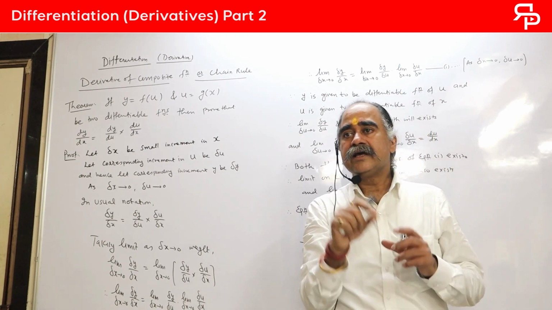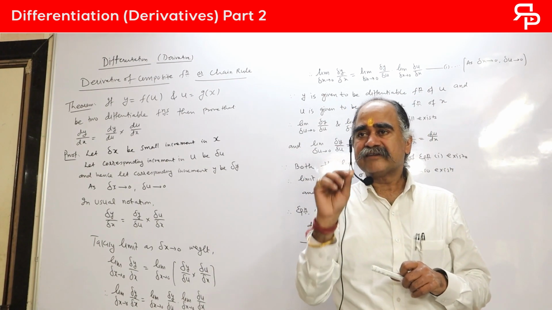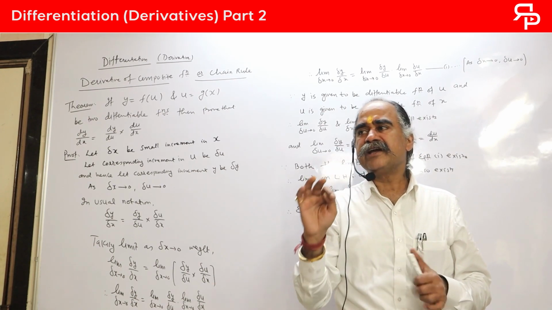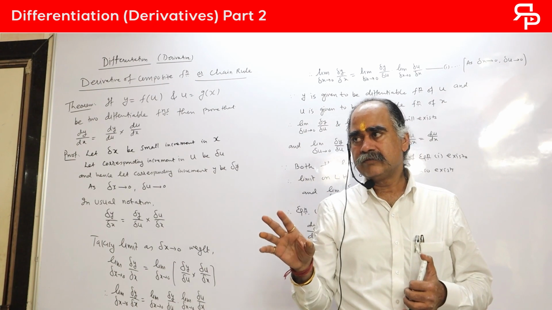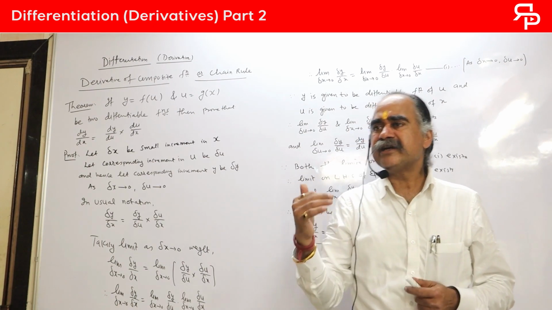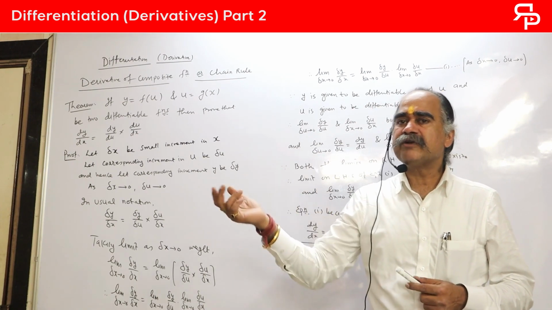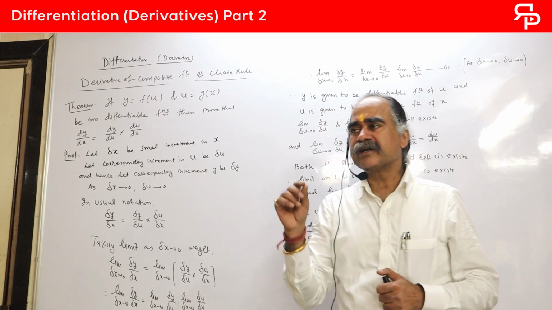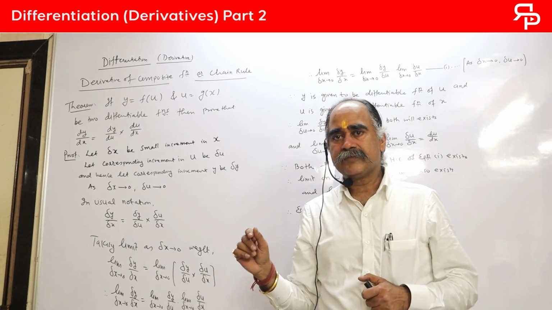See, revision of this. Let delta x be a small increment in x, and let the corresponding increment in u be delta u, because u depends upon x. And if there is an increment in u, there will be an increment in y, because y depends upon u. And hence let the corresponding increment in y be delta y.